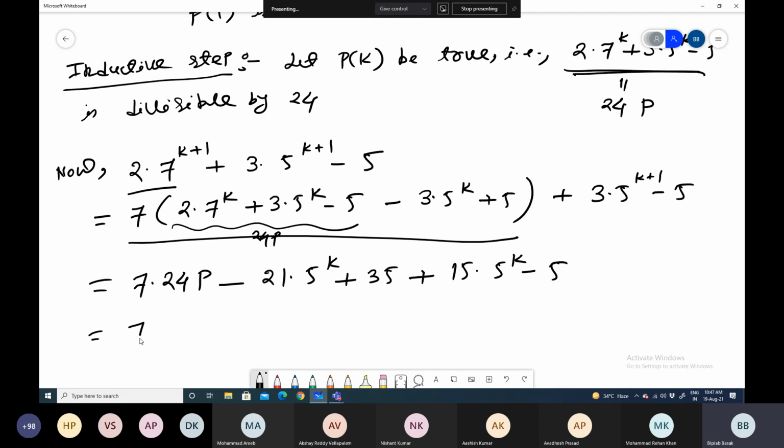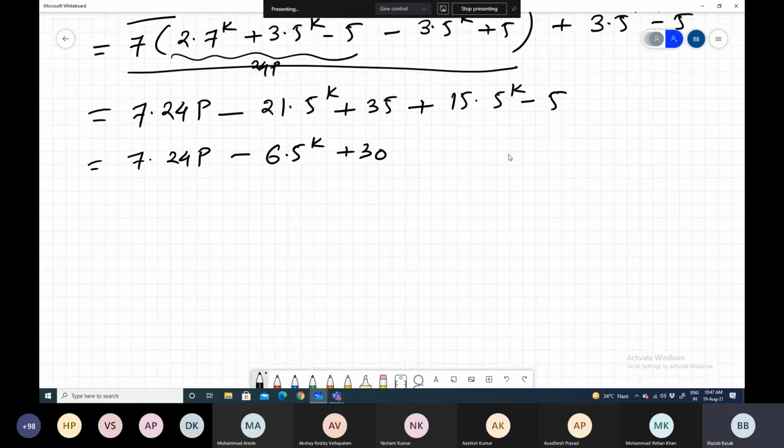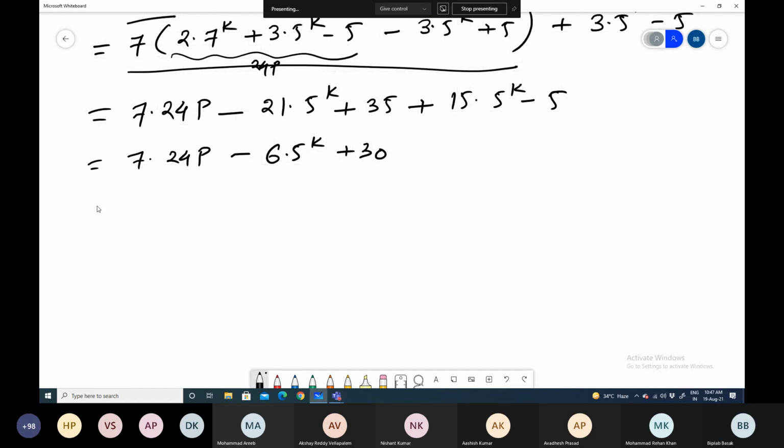So it is 7 into 24p minus 6 into 5 to the power k plus 30. Not 65, it is 6 into 5 to the power k. So 7 into 24p minus 6 common, 6 into (5 to the power k minus 5).